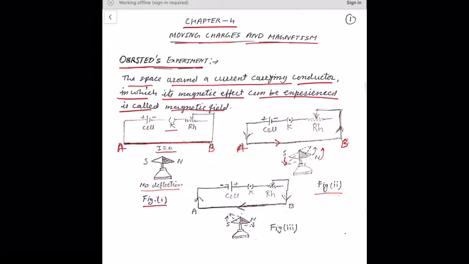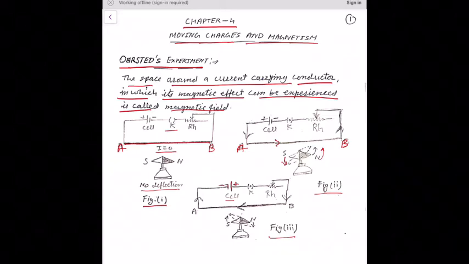And in the condition third, means figure third, after changing direction, it means cell polarity changes, this one is negative, this one is positive. So after changing the direction of current flow, the deflection in the needle also changes.